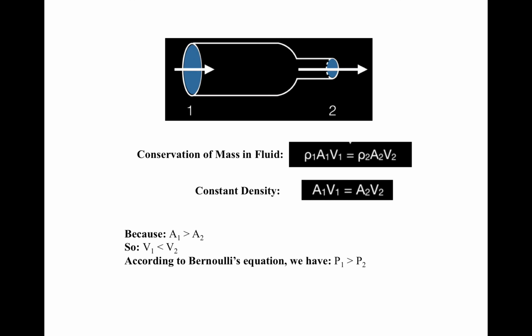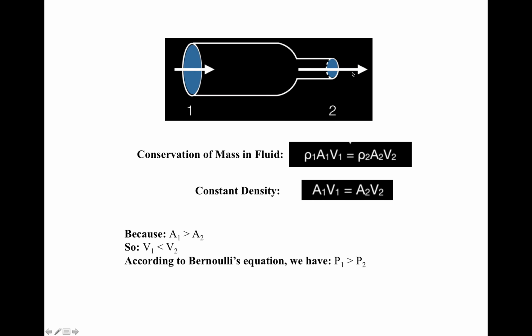If we combine Bernoulli's equation with the so-called continuity equation, we can obtain a relation between the cross-sectional area of the flow and the pressure. The continuity equation is a consequence of conservation of mass in a fluid. The total amount of mass flowing into this particular pipe must equal the total amount of mass flowing out of it.